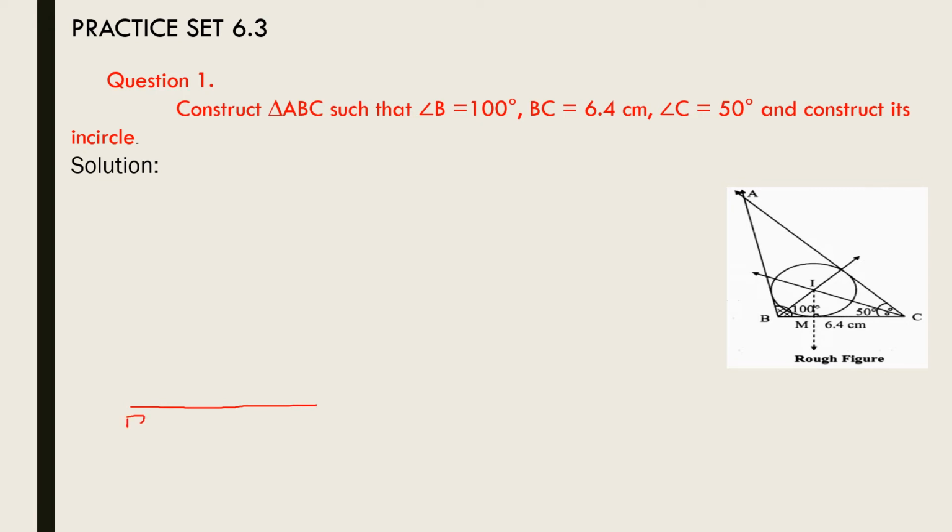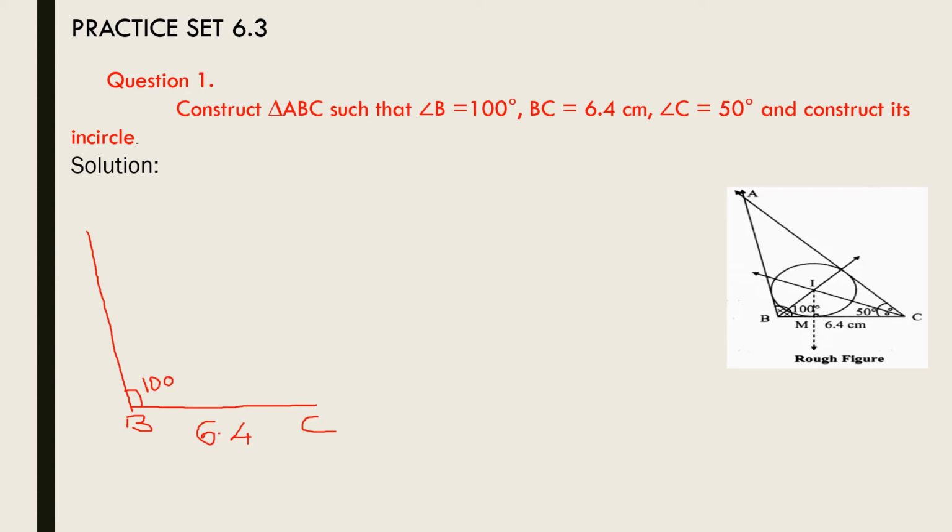B and C. 6.4 centimeter. And by using your protractor, draw the angle measure 100 degree. This is the obtuse angle. Angle measure is 100 degree. And draw the angle measure C is equal to 50 degree.